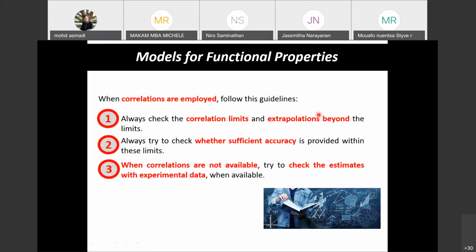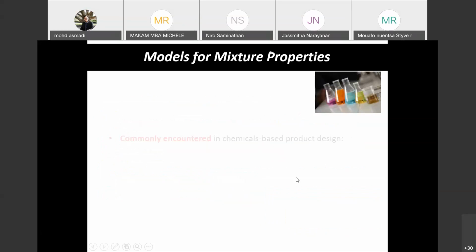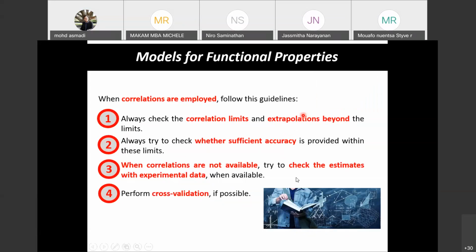If the correlation is not available, you can check or estimate with the experimental data, and then you have to do cross validation. Generally if you do cross validation, you can get an accurate answer. Check how much the error is, generally after the screening. We're not going to do all the experiments. So that is for the functional properties and the example.